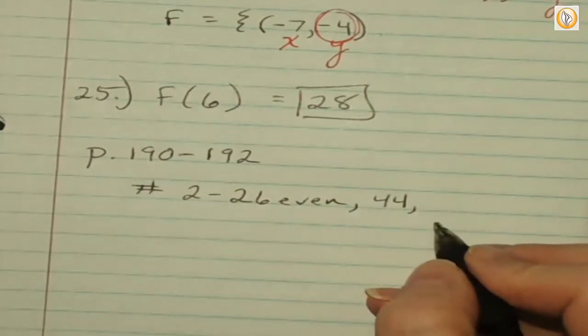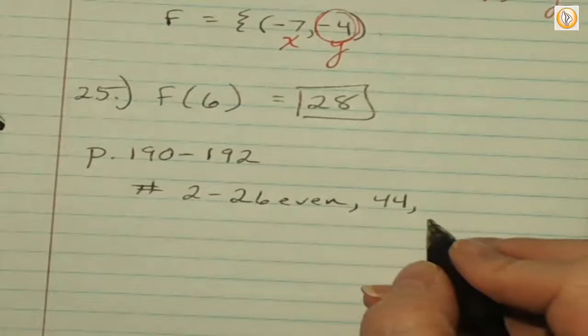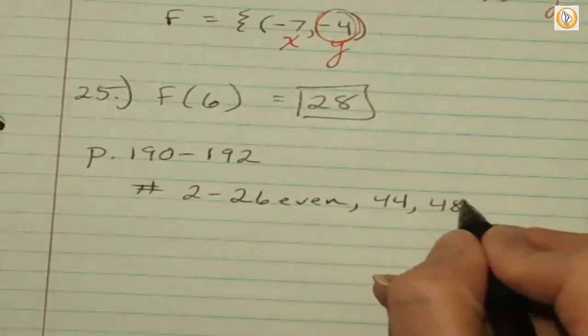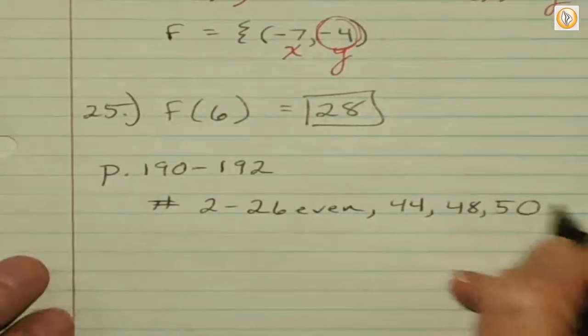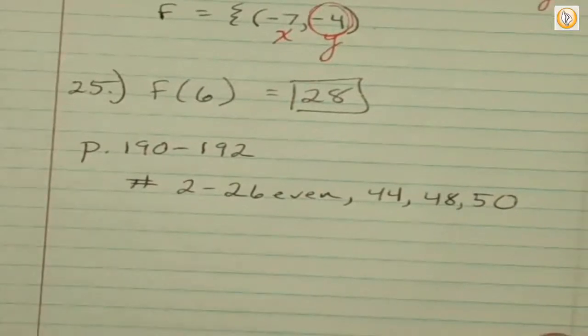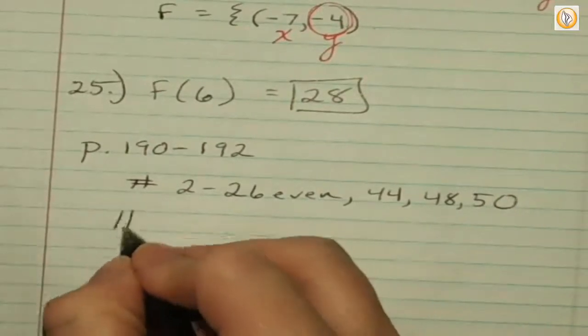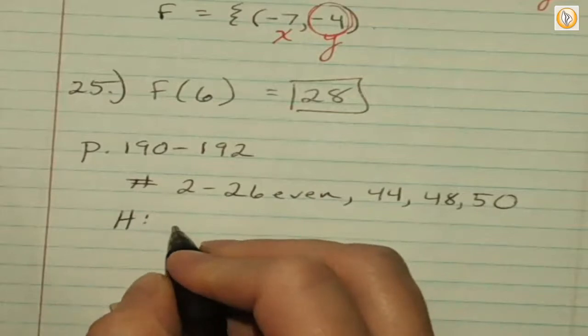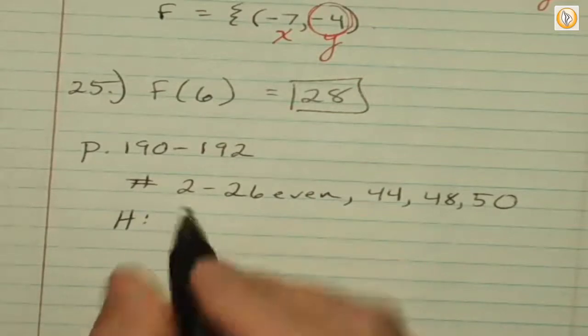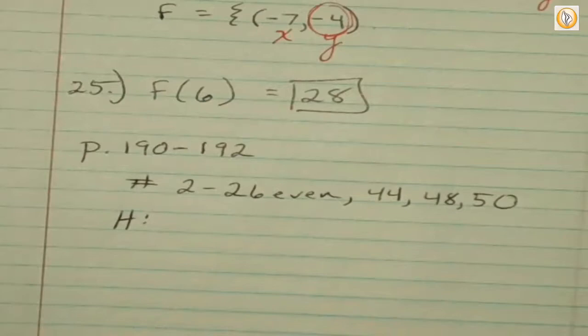Oh, we get to do number 20. Yes, boy in the back, you can do 22 and 50. All right. H students, I may have to give you 2 extra. Oh, maybe not. Let's see.